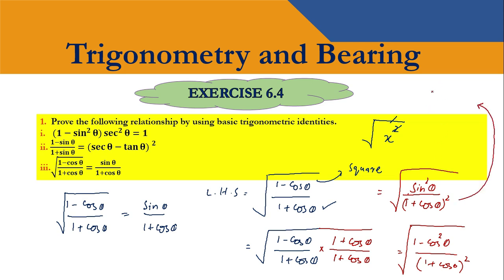So sine theta divided by 1 plus cos theta into a single square. And now we will get rid of our square root here. The square root will cancel the square and we will get the same value which is on the right hand side of this trigonometric identity. In this way you can prove the third identity.